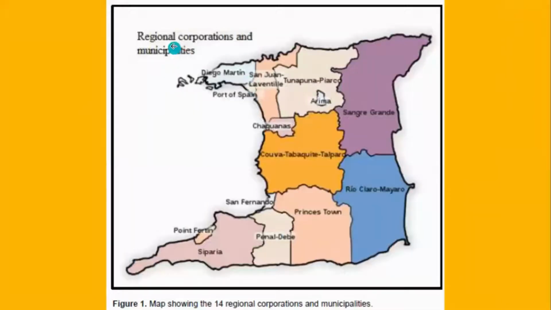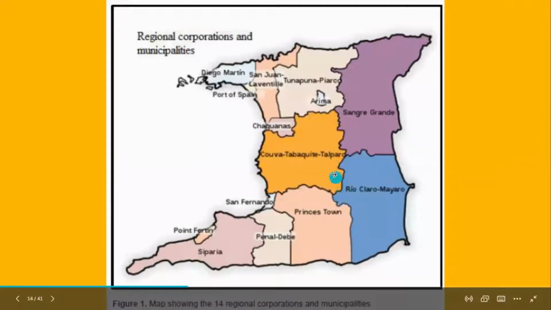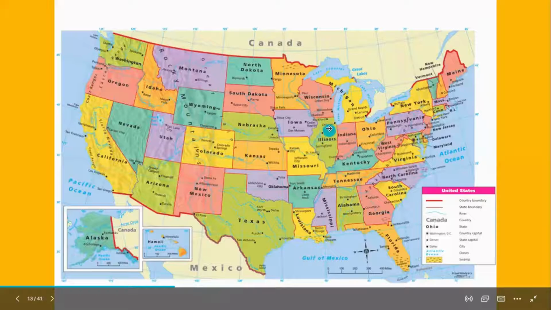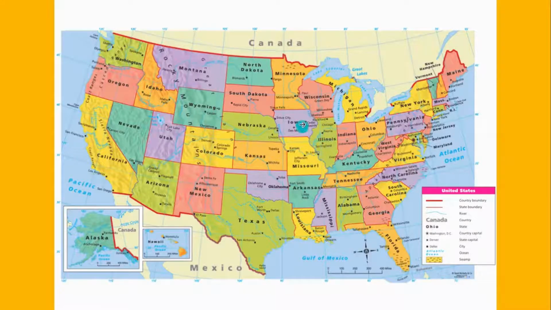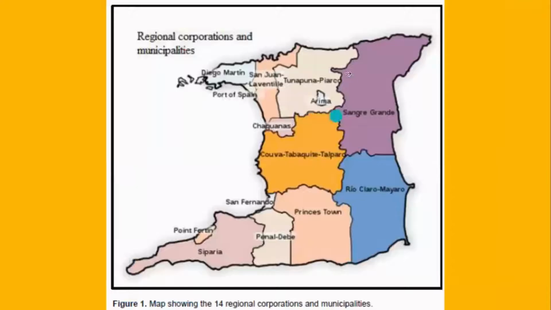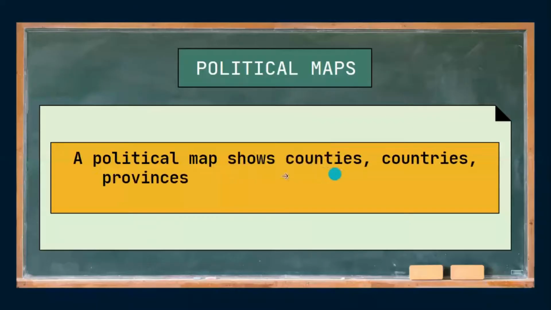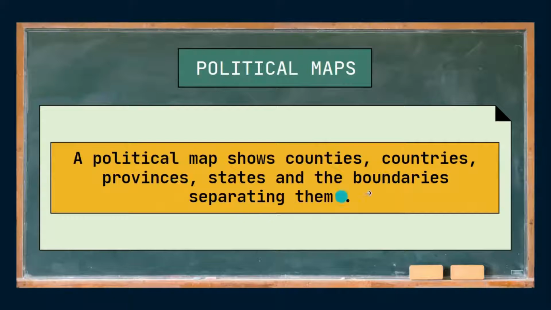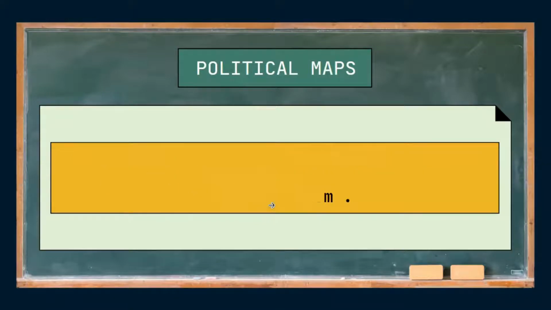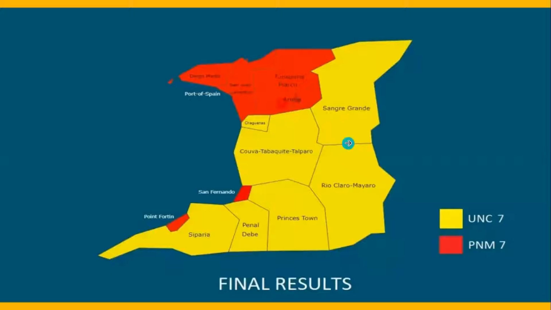Another example here shows the different regional corporations throughout Trinidad, clearly defined, and they show the borderline for each regional corporation. As the definition says, it shows the boundaries that are separating them.